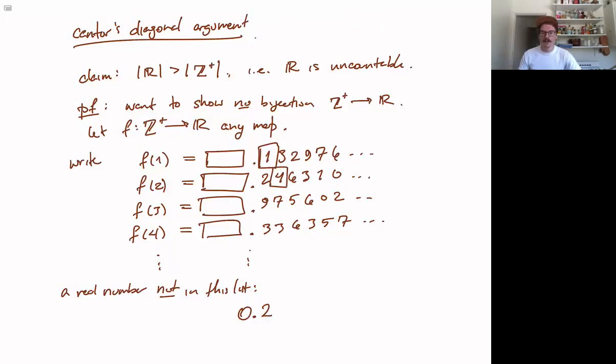And for our number that we're writing down, we make it something else. So again, let's make it the next one. And then the third row, we look at the third decimal digit and write down something different. And the fourth row, we look at the fourth decimal digit and write down something different. And we can continue this process until we get a real number defined by this decimal.